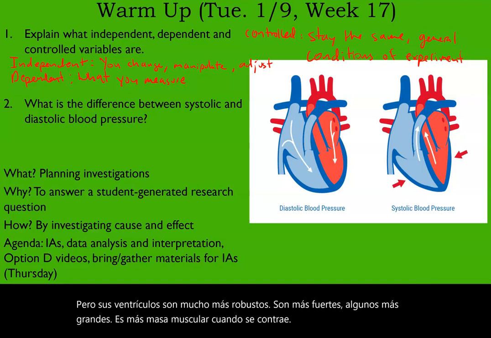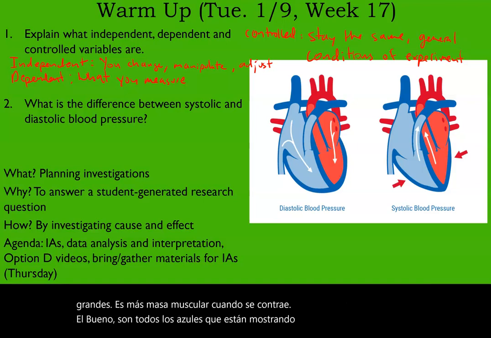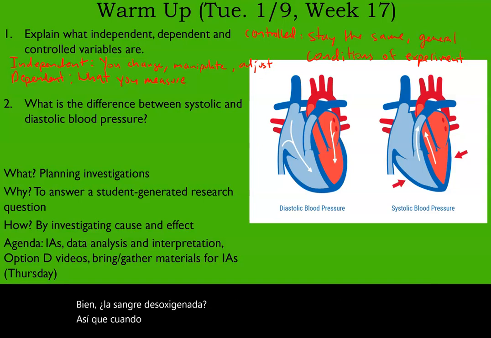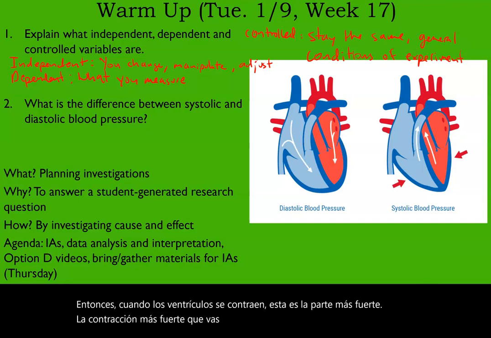The blue, that's showing the right side of your heart, the deoxygenated blood. So when the ventricles contract, this is the strongest contraction you're going to have, going to your body and your lungs. When the atria contract, that's less forceful.